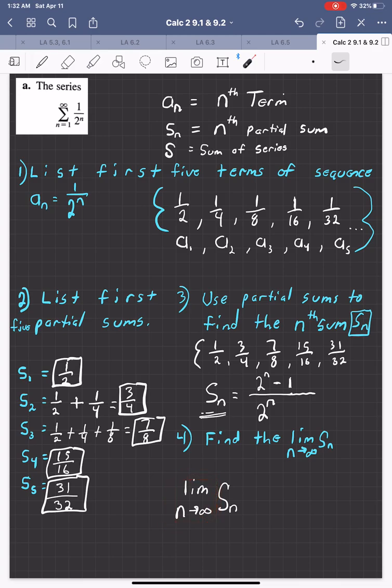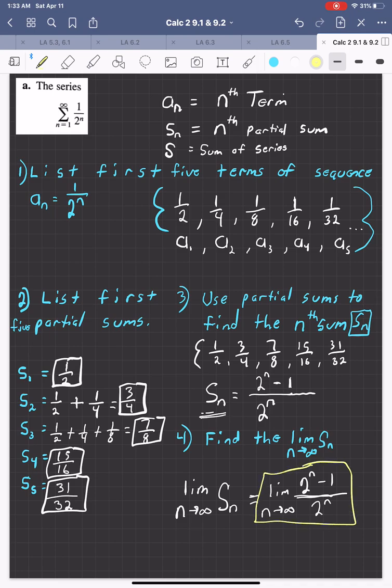So in this case, we're taking the limit as n goes to infinity of 2 to the n minus 1 over 2 to the power of n. All right. Now, I'm not going to go through more of these techniques. You would use L'Hopital's rule here.